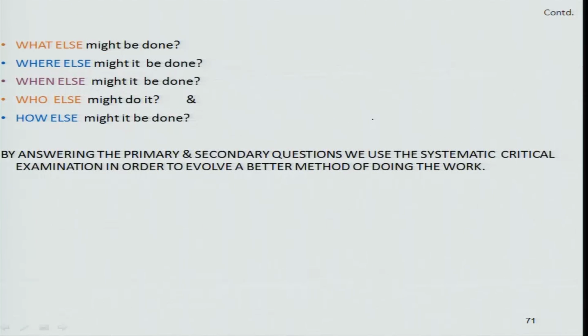You will particularly ask: what else might be done, what else might it be done, who else might do it, or how else might it be done. So, these kinds of questions give you the alternatives.